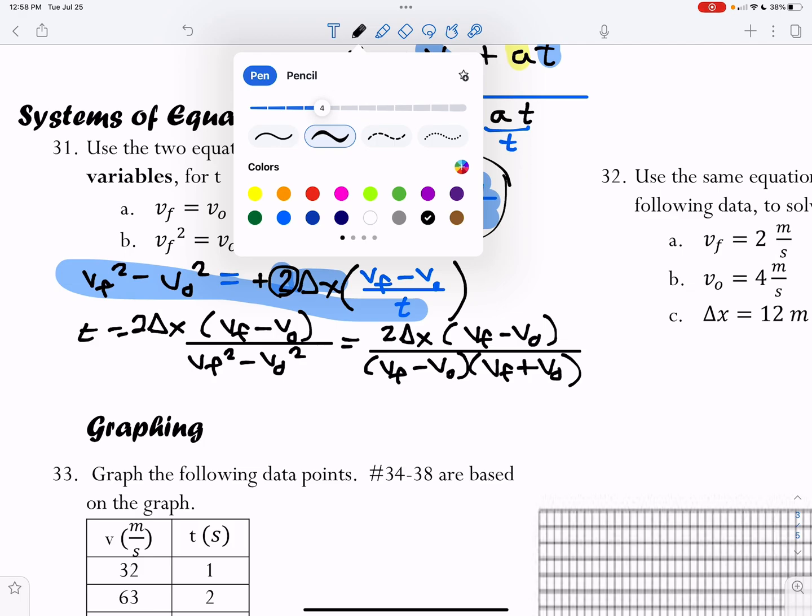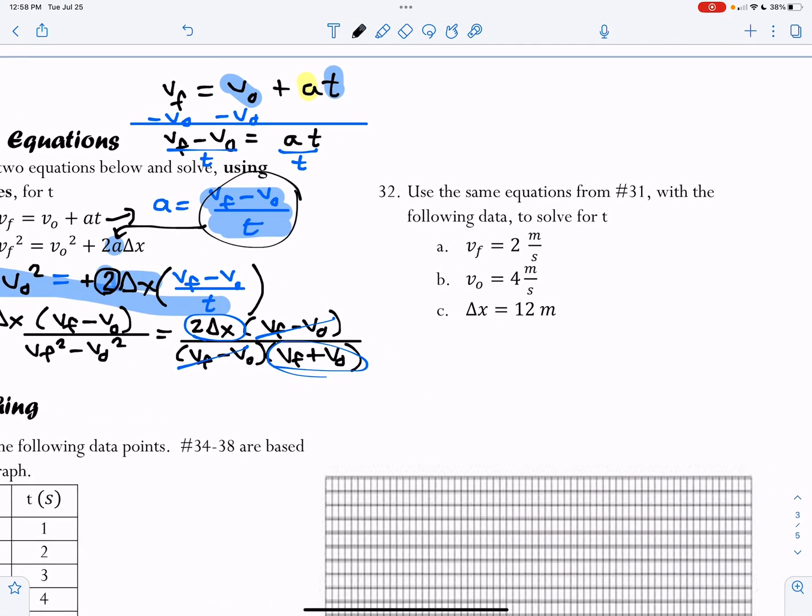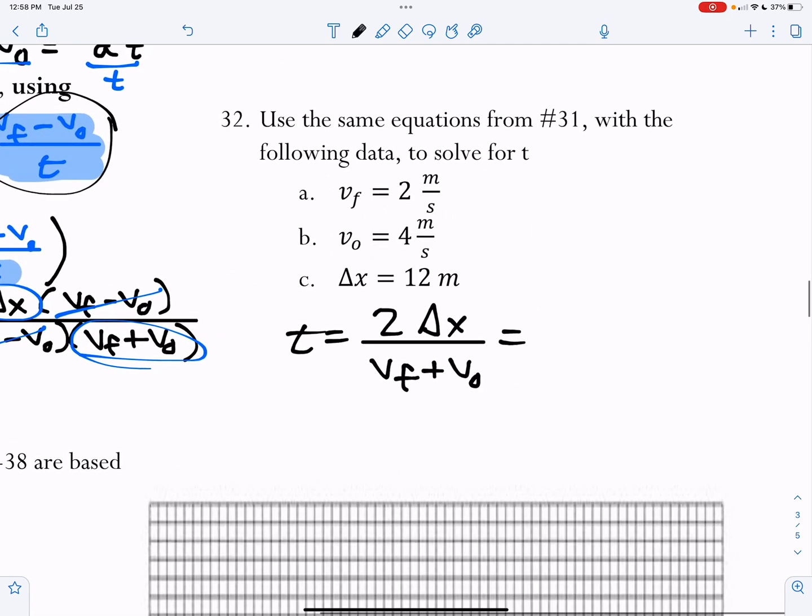And you can see by writing it that way, this cancels with this, leaving you with that expression there, which would be essentially T equals 2 times delta X divided by V final plus V initial. And at that point, just plug in your numbers and we're done.